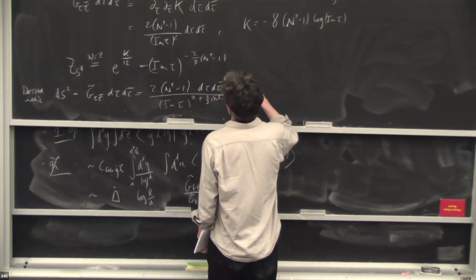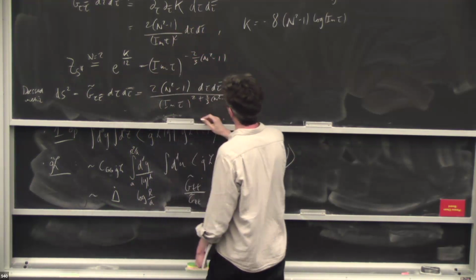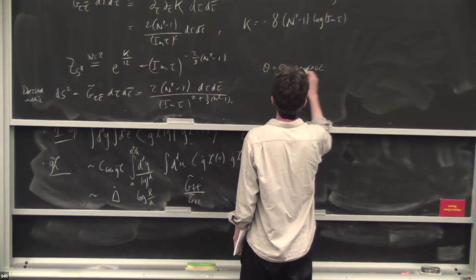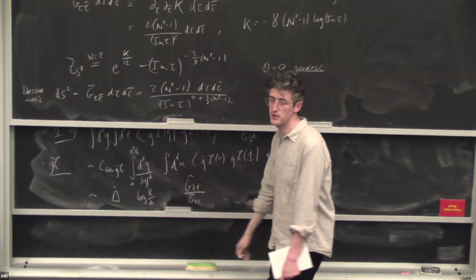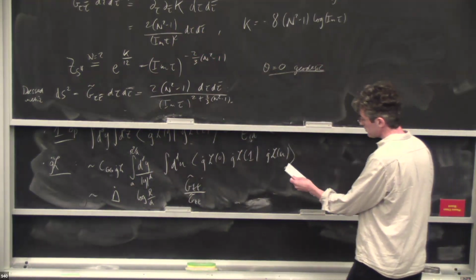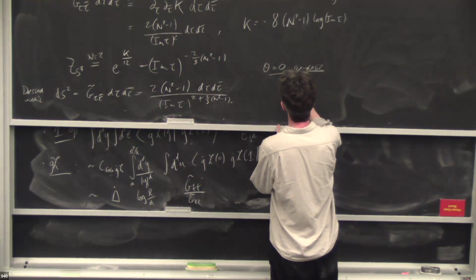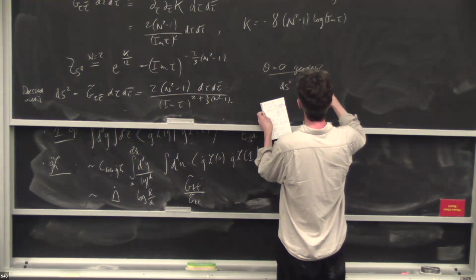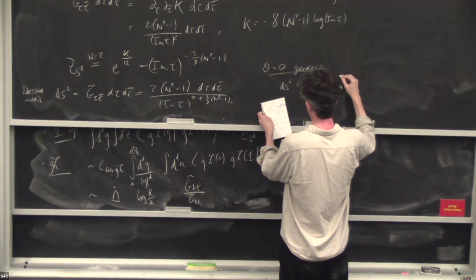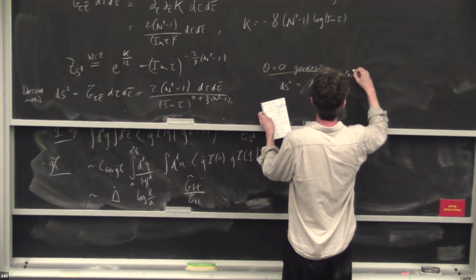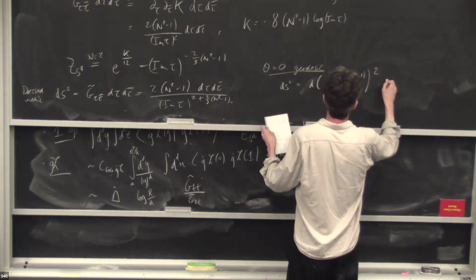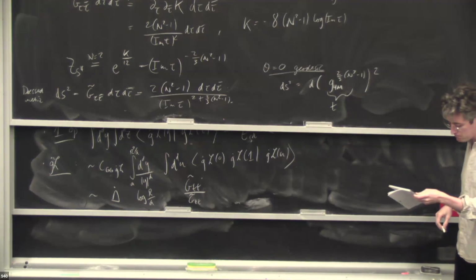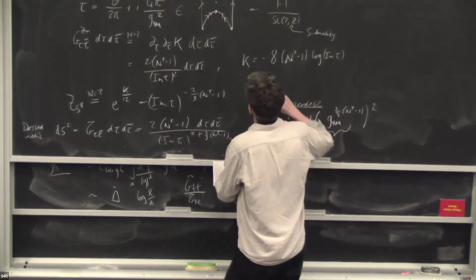It's easy to tell looking at this metric that theta equals 0 is a geodesic. There's a reflection symmetry in theta equals 0. And along that geodesic, the 1D induced metric is d of the Yang-Mills coupling to the power 2/3 (N squared minus 1), squared. So this is our affine coordinate, t. So here we're going along this geodesic.